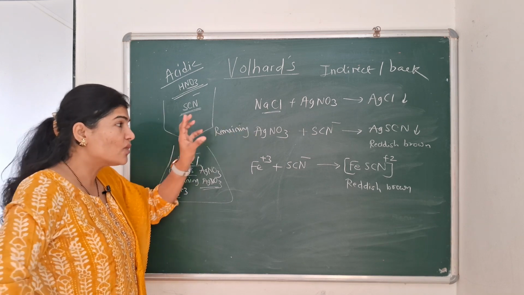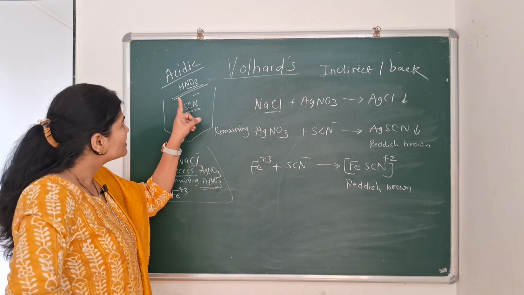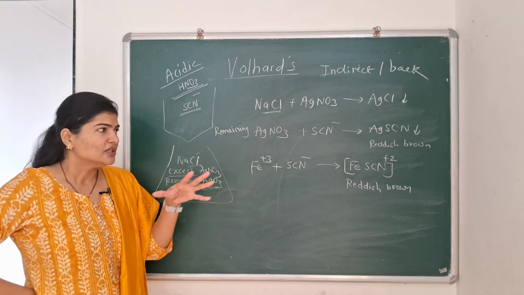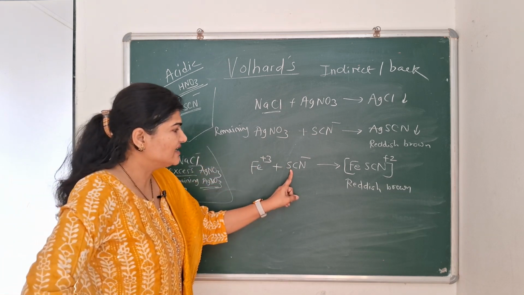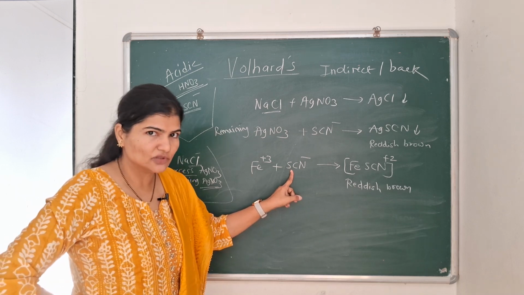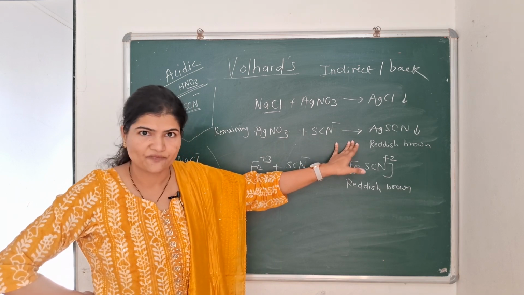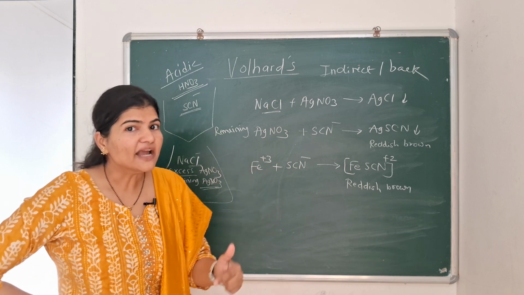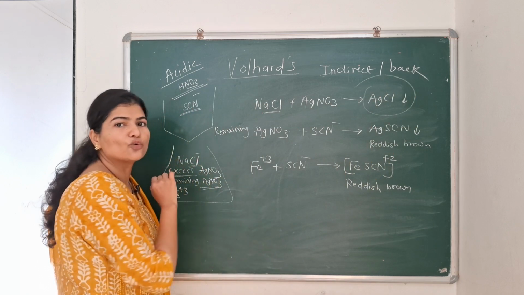And then once all the remaining silver nitrate is finished, the thiocyanate is supposed to react with the indicator. Now the problem here is the thiocyanate which is added after the silver thiocyanate formation, which is supposed to react with indicator ions, might react with the AgCl PPT present over here.